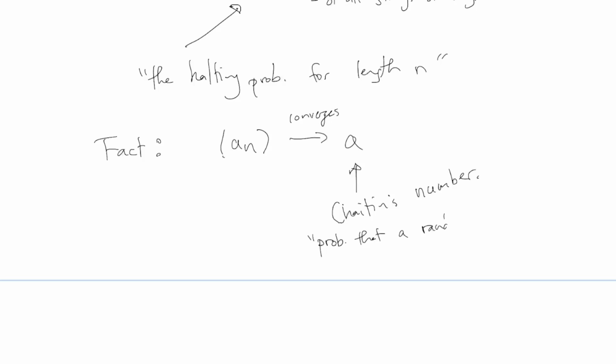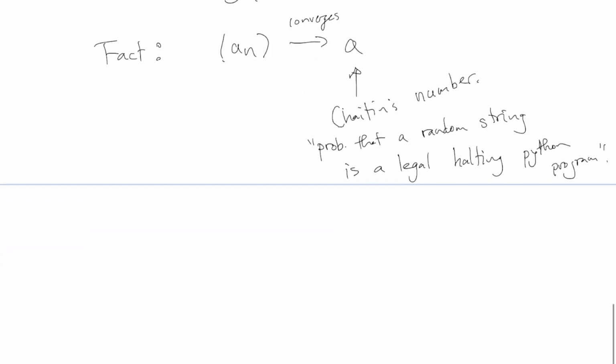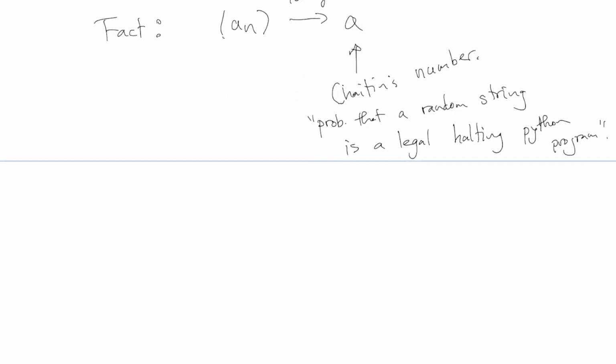This is the probability that a random string is a legal halting Python program. All right, that's what this number represents. And I'm here to tell you, this number is very small, but not zero. There is some probability that if you make a string at random, then it represents a Python program that halts.